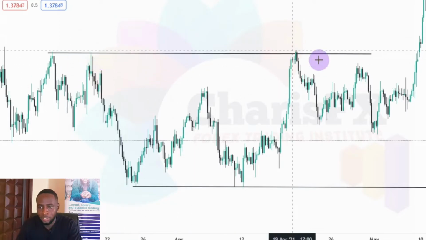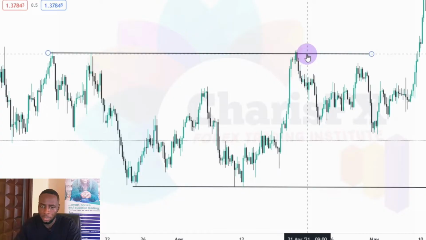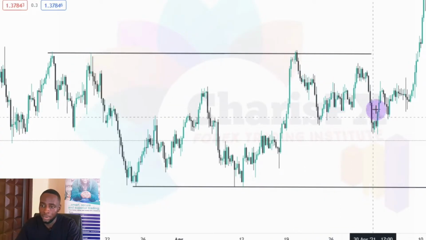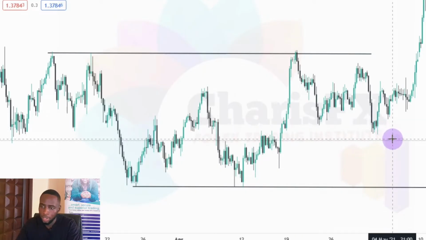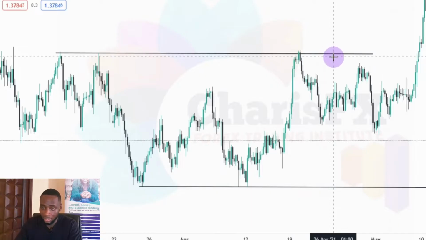Okay, when you connect the highs together and then draw your trend line, look at how price came to that resistance area and respected it, and price traded away for some time before we now see price came and broke that resistance line.